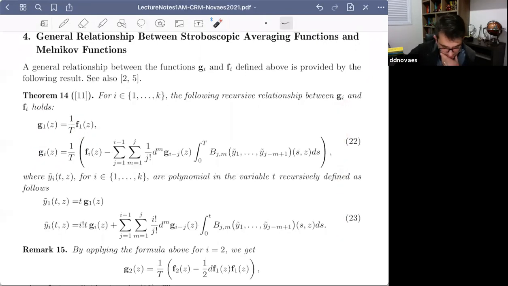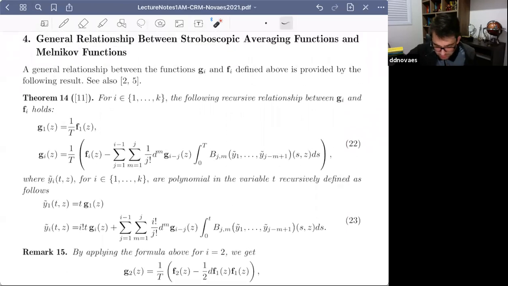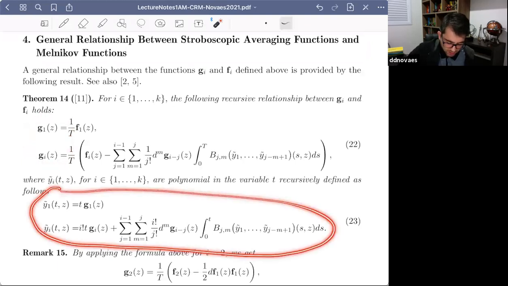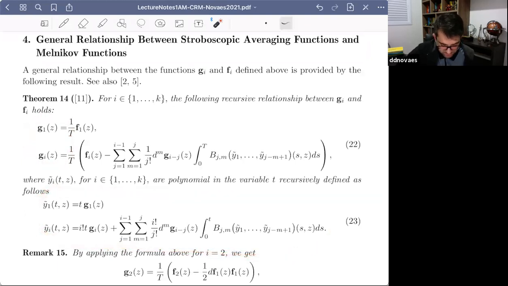I'm not going to explain this in much detail, but it's connecting these two definitions, these two kinds of bifurcation functions. The first one we have already seen, g_1 is just f_1 divided by the period, and for the other ones, for instance, g_i is equal to f_i divided by T, but I have to subtract another function here. Okay, and in order to compute this function, we also have to compute this other sequence of functions.